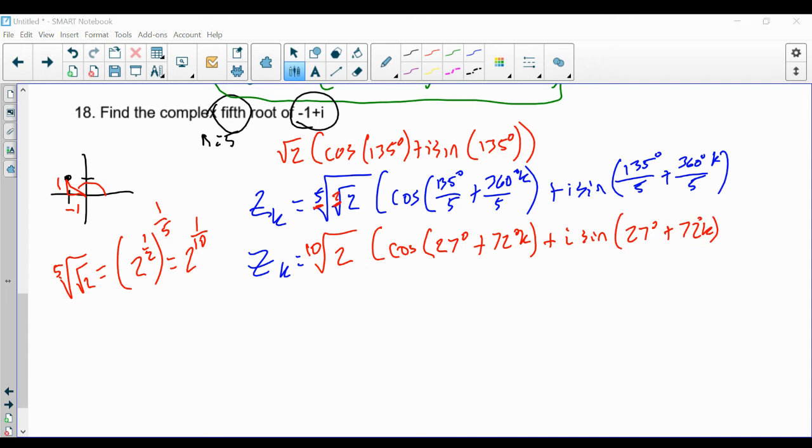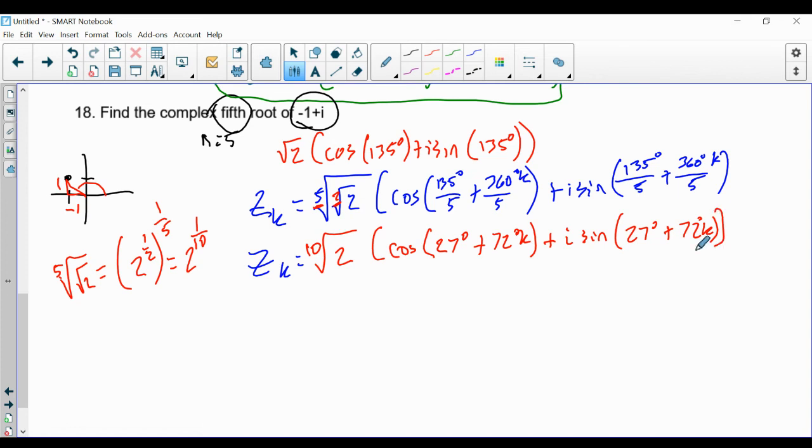And not that I don't trust myself, but I will just double check my division because sometimes I'm really good at math, but the simple stuff I make mistakes with. It's like everybody does it. So give me 2 seconds. Yep, I was good.